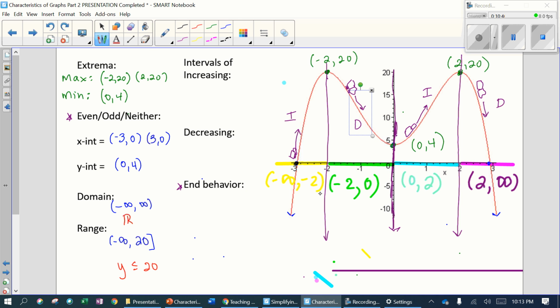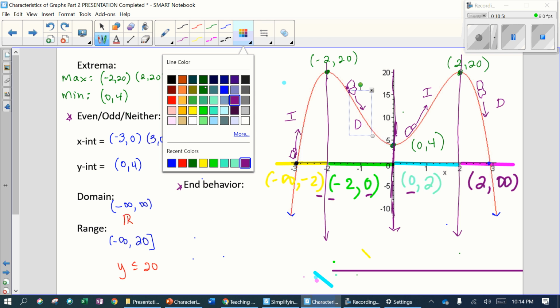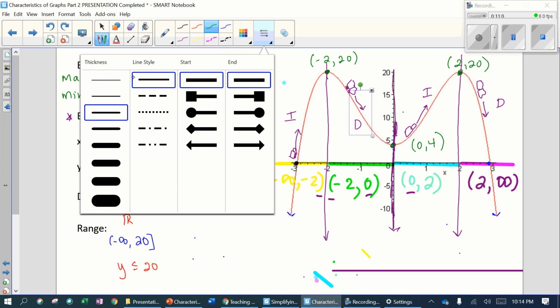So notice that each of these intervals, wherever one ends, the next one begins. Also notice that it usually alternates between increasing to decreasing, increasing to decreasing. Not always, but most of the time it's going to do that. Okay, let's write these down. Get back to our little bitty one.